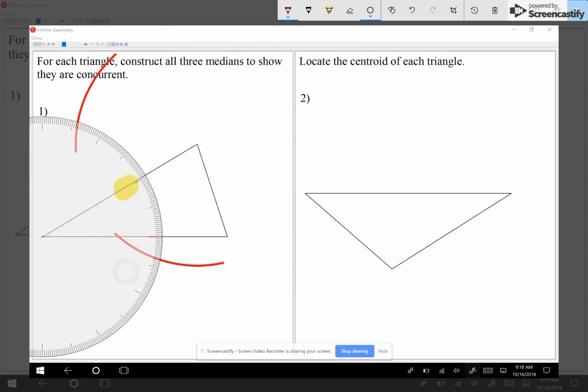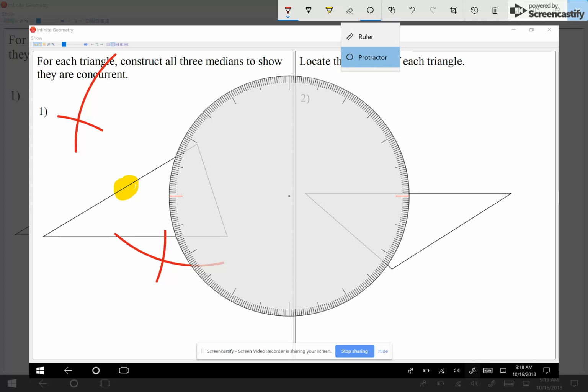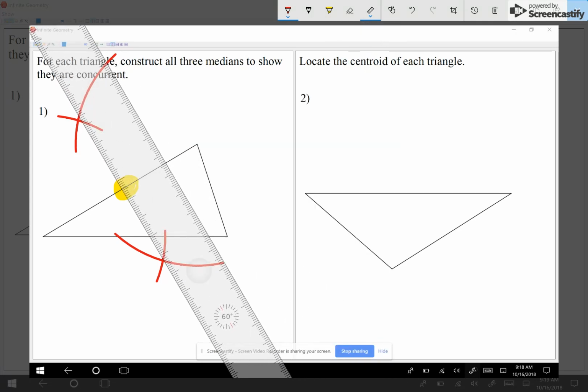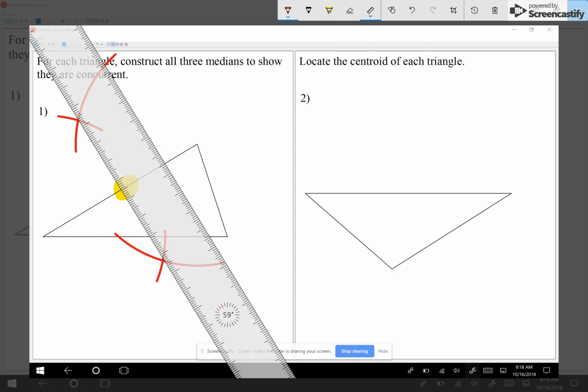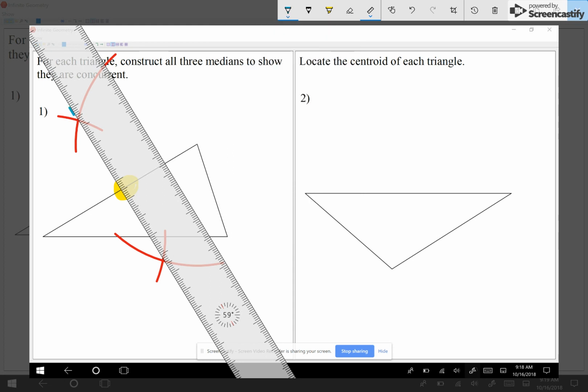I'm going to move my compass to the opposite side of the segment. I'll make my arcs. I'm going to grab my ruler, and that gives me the midpoint.